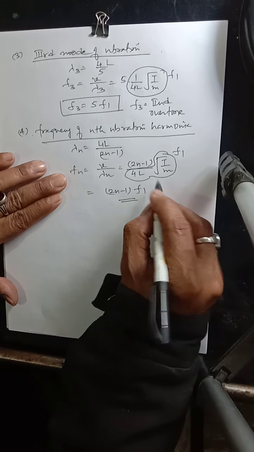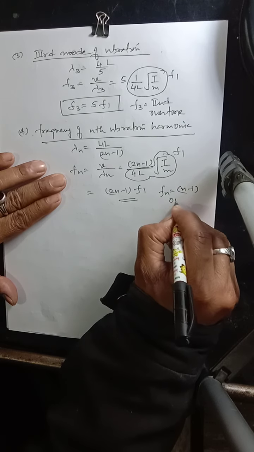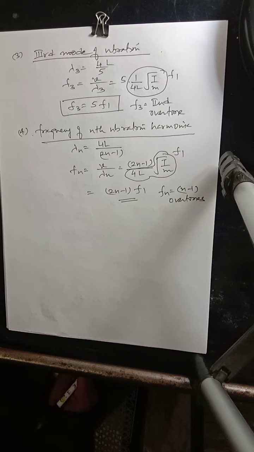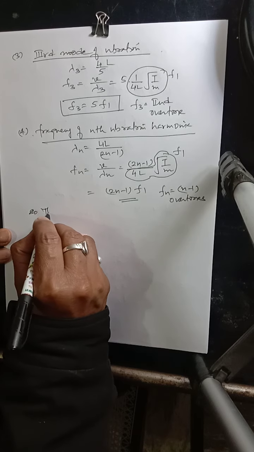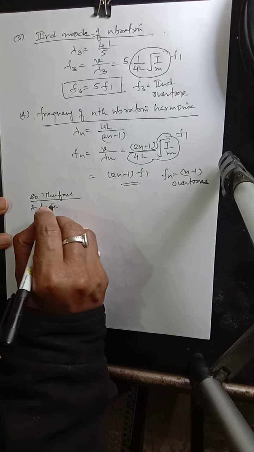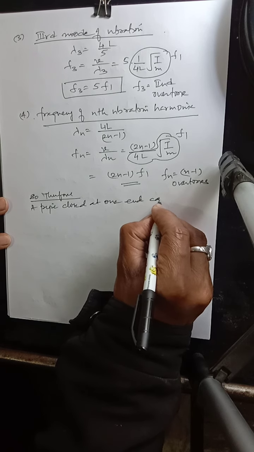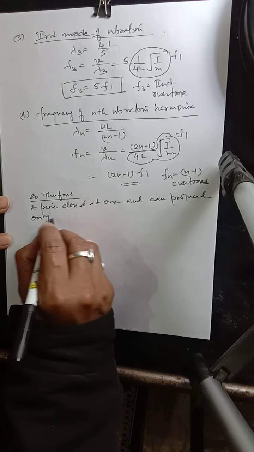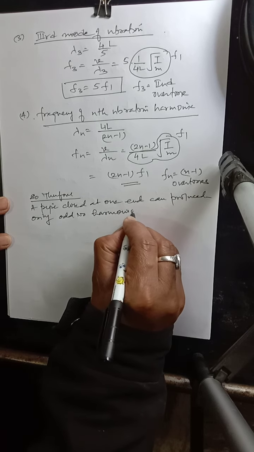So this Fn is equal to the n minus 1 overtone. Therefore, we can write that a pipe which is closed at one end can produce only odd number harmonics.